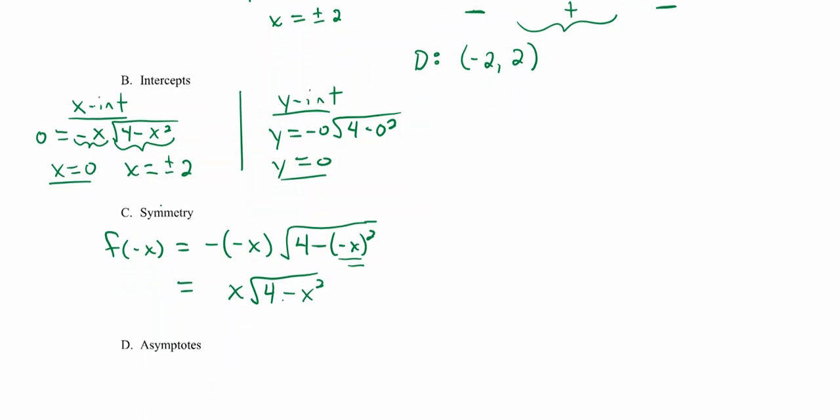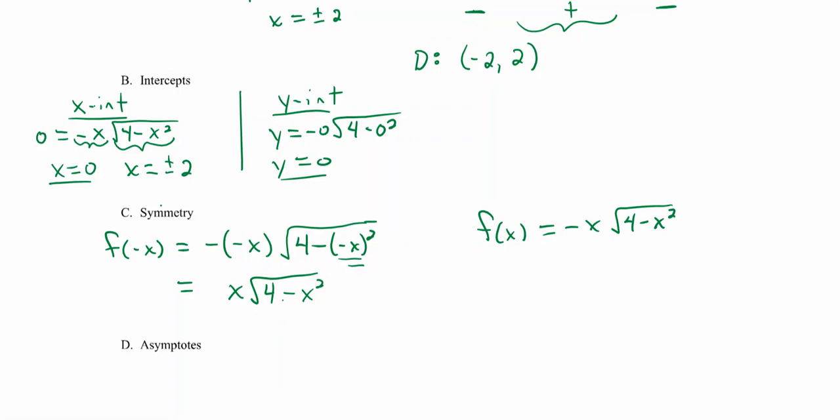Okay, so in this case, look at the original, right? The original function, f of x, was equal to negative x times the square root of 4 minus x squared.